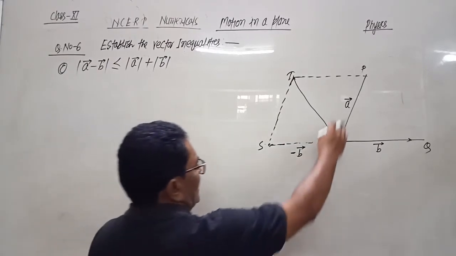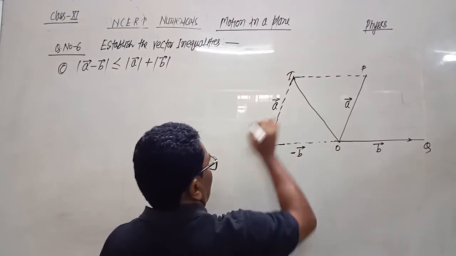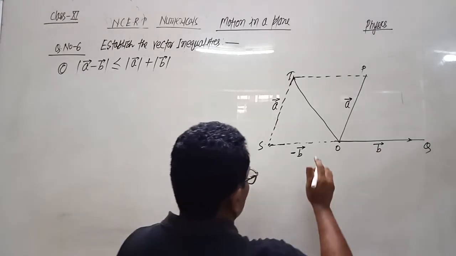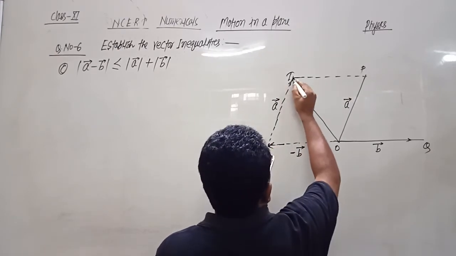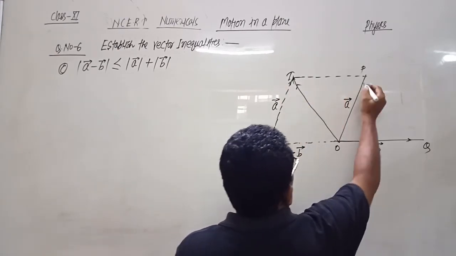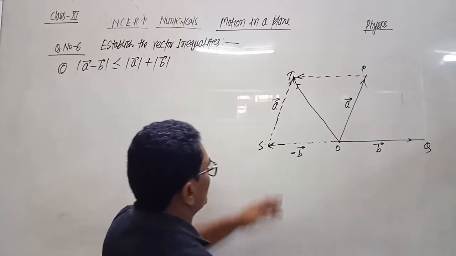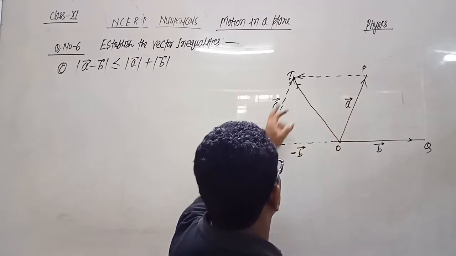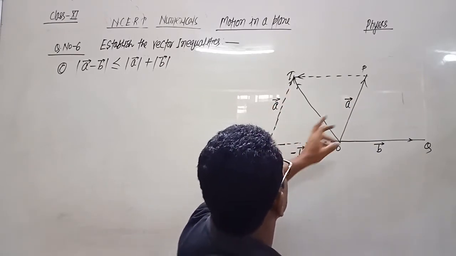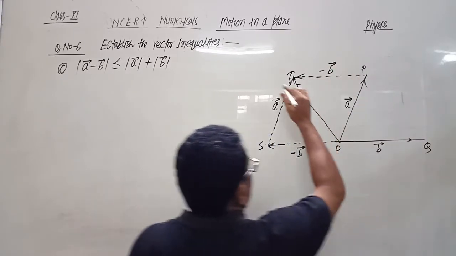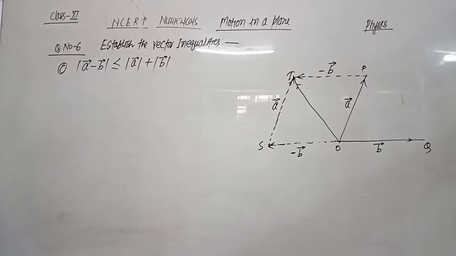So if this is vector A, then this will also be vector A, and this is minus vector B. So vector OP equals ST equals A, OS equals PT equals minus B, and OT is the resultant vector.